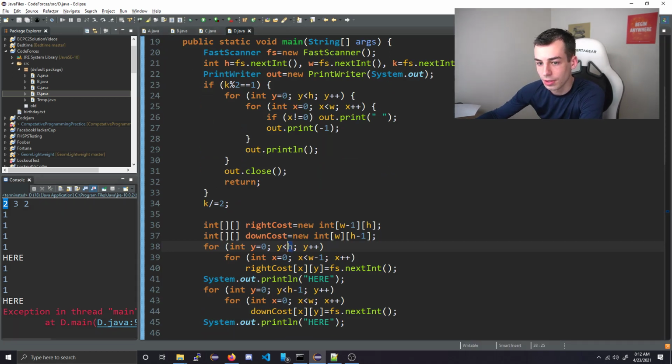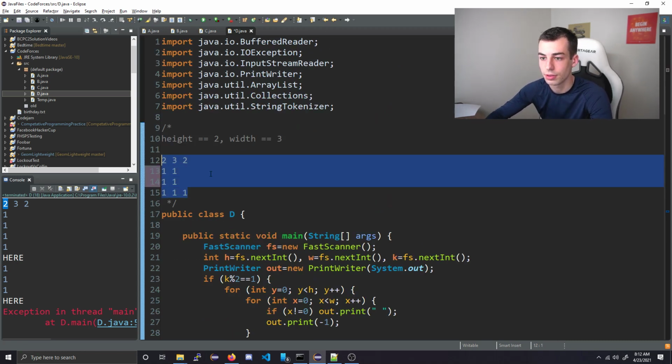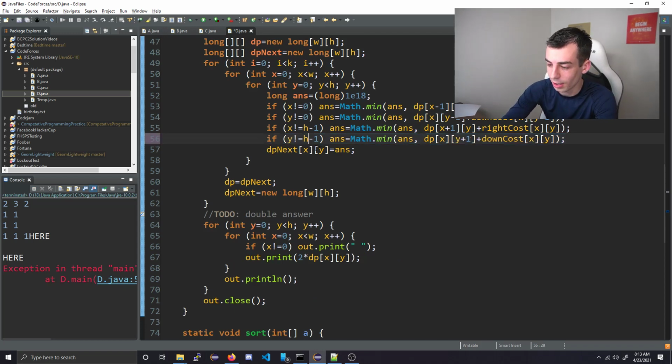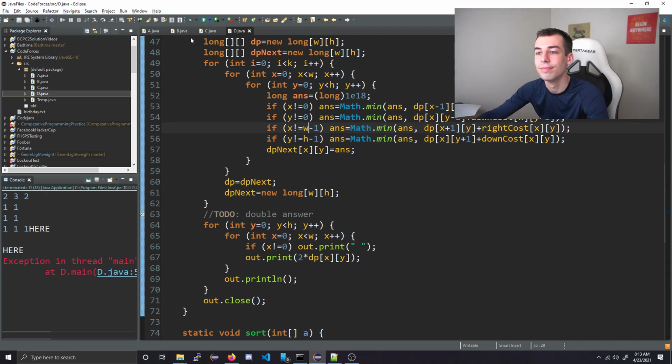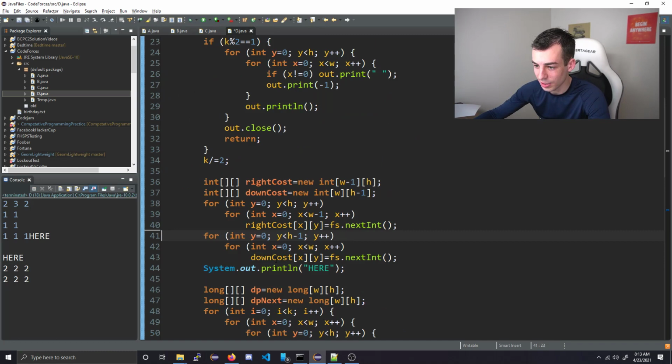I is less than 2, yep. Oh, the width should be 3, yeah, okay. So it needs to look like this. Ah, man. Silly mistake.